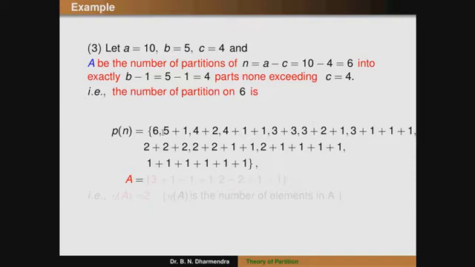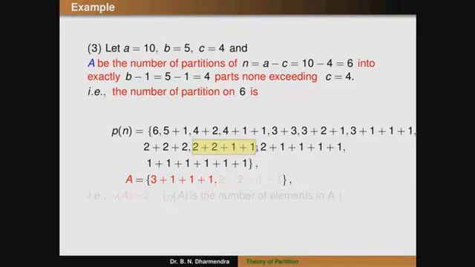Here 6 is not 4 parts, here 5 plus 1 is 2 parts, 4 plus 2 is 2 parts, 4 plus 1 plus 1 is 3 parts, here 3 plus 3 is 2 parts, 3 plus 2 plus 1 is 3 parts, here 3 plus 1 plus 1 plus 1 is 4 parts. Once again the next one, 2 plus 2 plus 2, is 3 parts. The next one is 2 plus 2 plus 1 plus 1. So the remaining ones are not 4 parts.